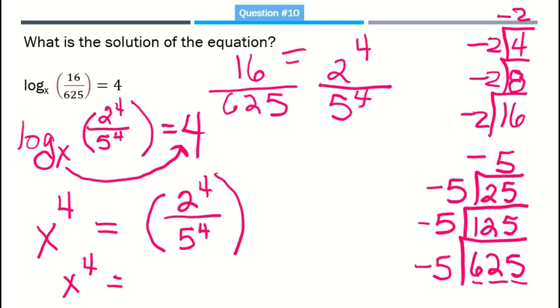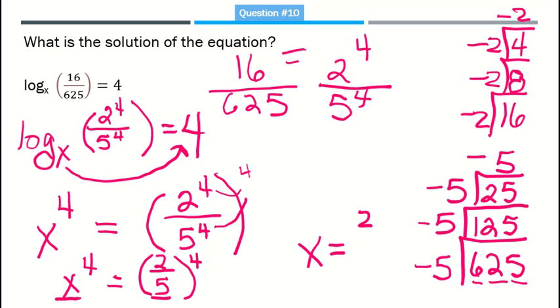X to the 4th power is equal to 2 over 5 to the 4th power. You can pull this out here. Okay, so you can see that these two things are equal. X equals 2/5. And that's the solution to your equation.